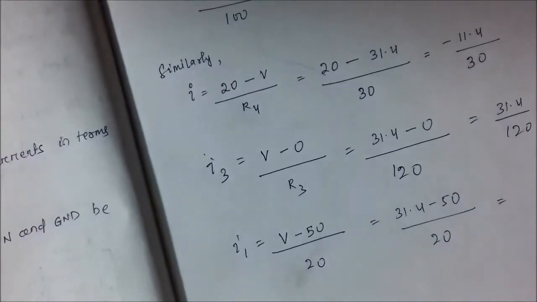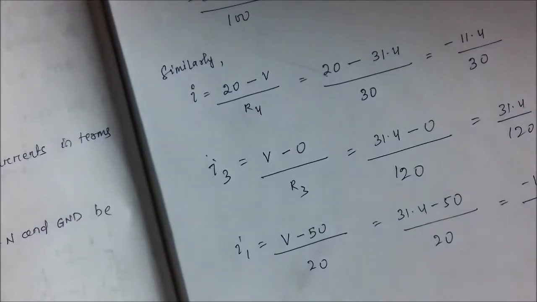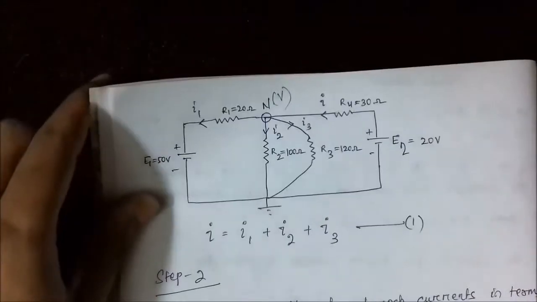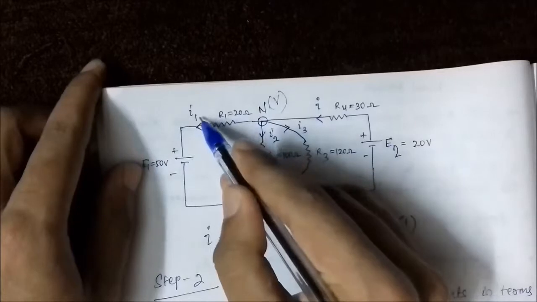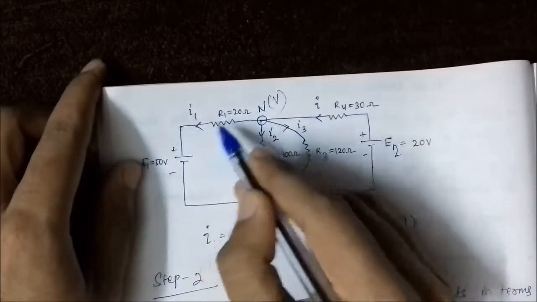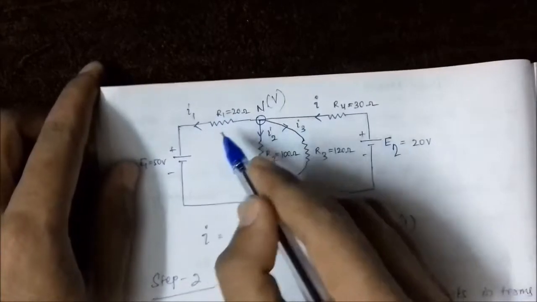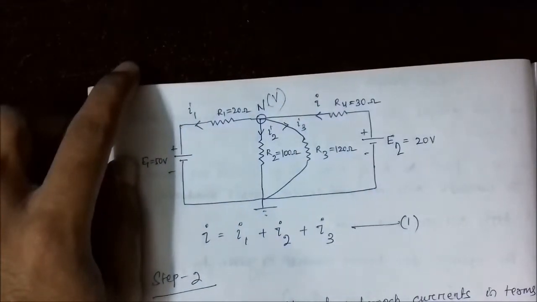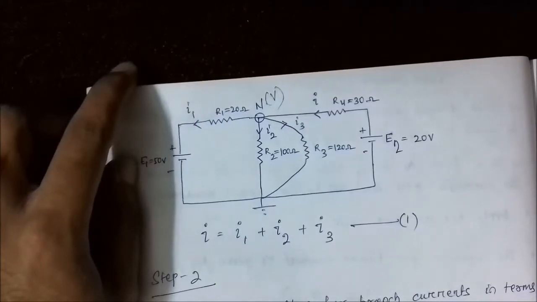Obviously the answer will come out negative, minus 18.86 by 20. So the actual direction is opposite to the assumed direction. I1 came out negative, so the actual direction of I1 is towards the right, not towards the left. We assumed I1 in this direction, but the actual direction is in this one. So whenever the value of any current comes out negative, just reverse the direction of the current which you have taken in the diagram.